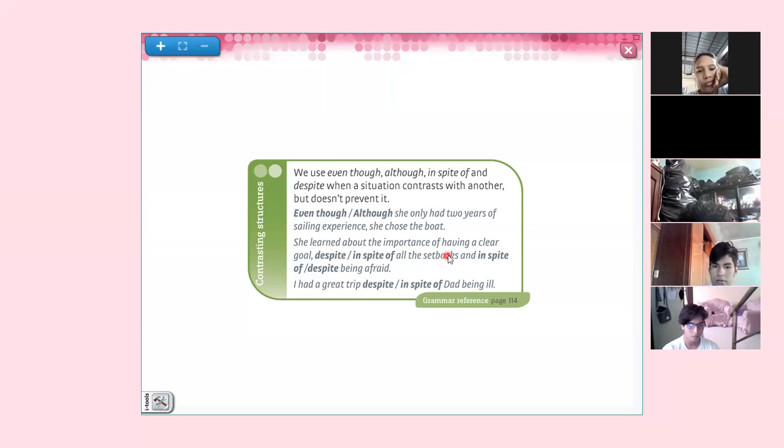Despite connects with that complement. In spite of, the preposition, connects with the ing. Remember, if you are using the preposition, it connects with an ing form, okay? Despite being ill. In this case, we said also in spite of, and if you are connecting with the noun, you can use it. But if you are connecting with the verb, it is going to be with the ing form.